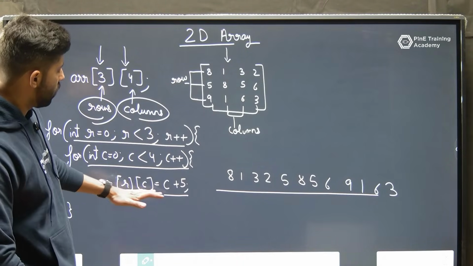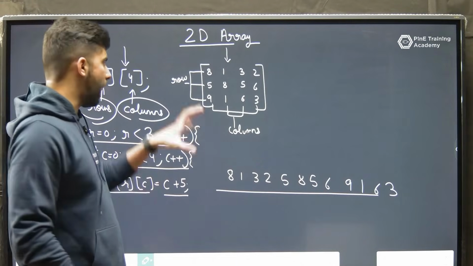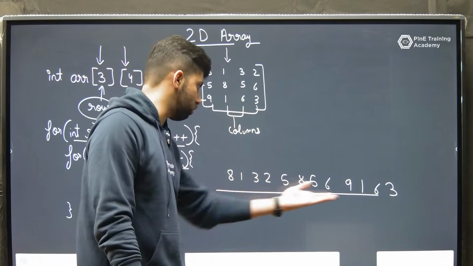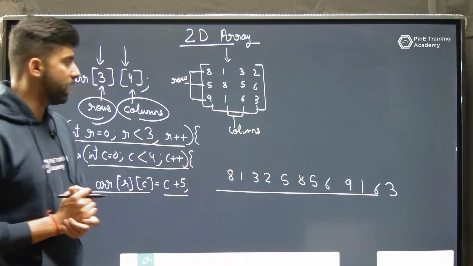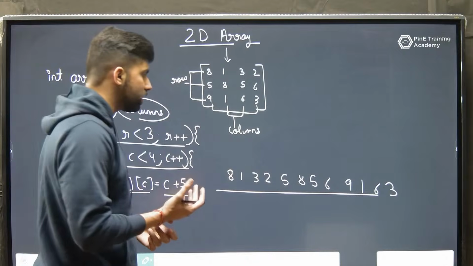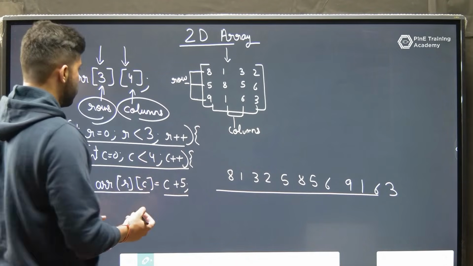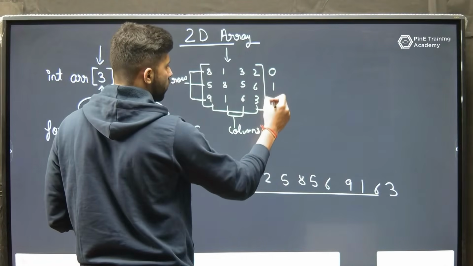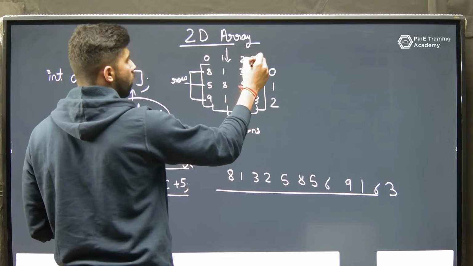Now when we do this, we always imagine our array to be like this, but I just told you that in memory the 2D array also looks like a linear data structure. It doesn't have any structure like this. So how does the computer know which element to access whenever we write this? So this is my row 0, this is my row 1, this is my row 2, this is my column 0, column 1, column 2, column 3.